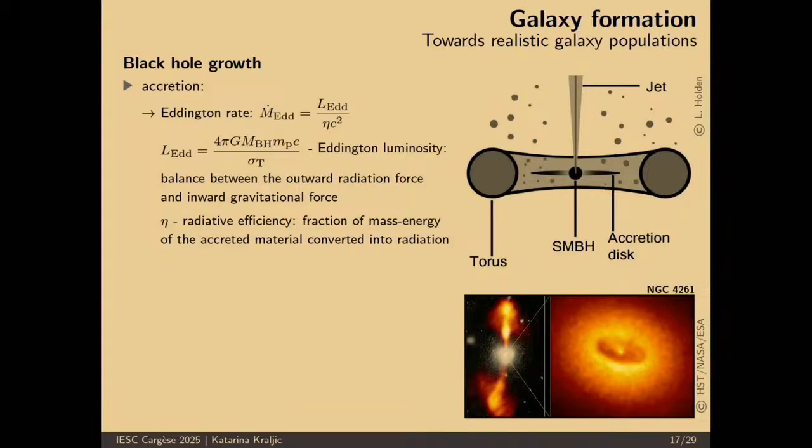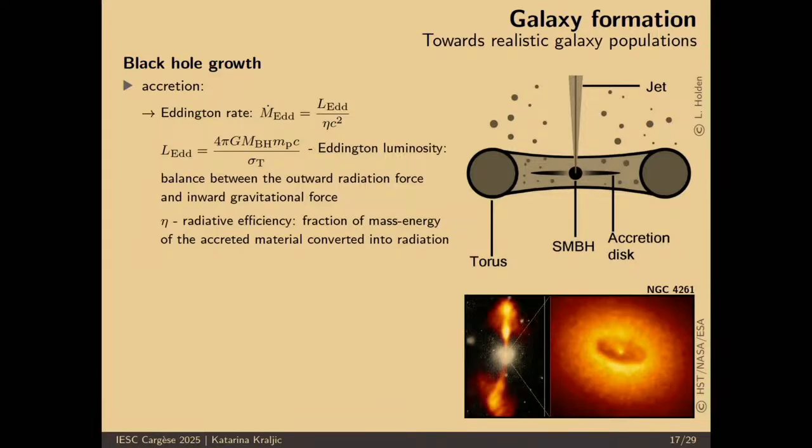And depending on how this accretion is happening in this accretion disk, you will have a different outcome. What is important in this is the Eddington ratio, which is the ratio between the accretion onto the black holes and what we call the Eddington rate. Essentially, every object that has some luminosity has an Eddington rate. So every black hole has some Eddington rate because it depends on the mass of the black hole, right?